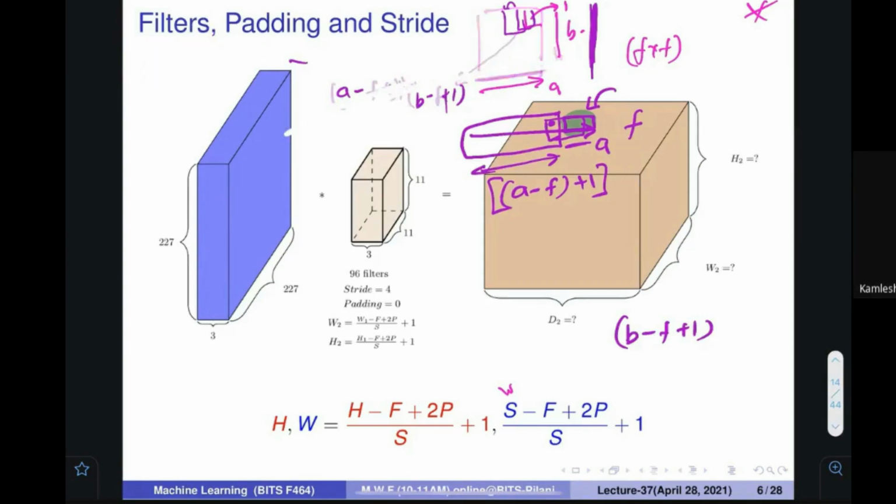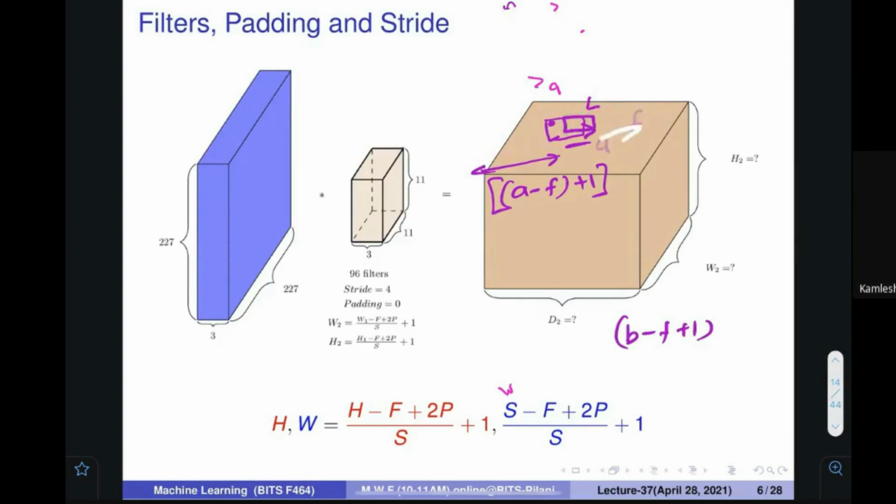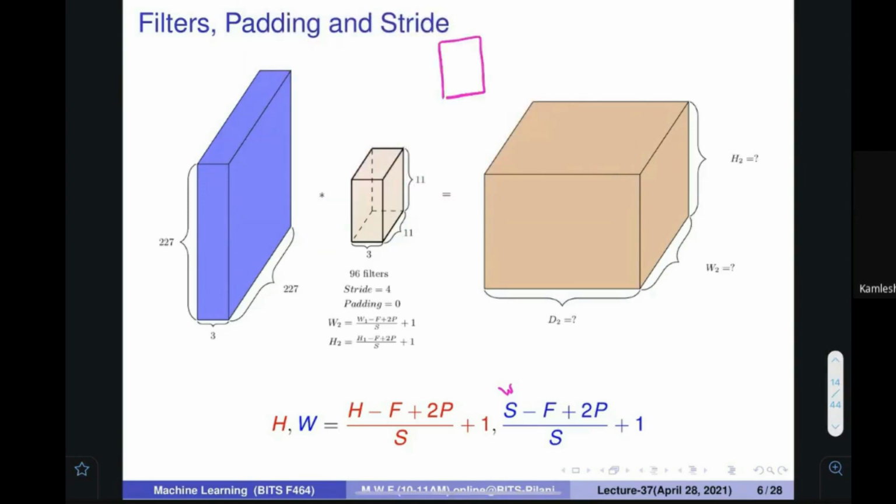All right. Let me just quickly write this. What I just told you is that if there is an A cross B image and you apply the filter F cross F, then you get an image that is A minus F plus 1 times B minus F plus 1.